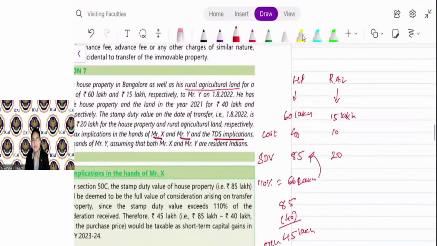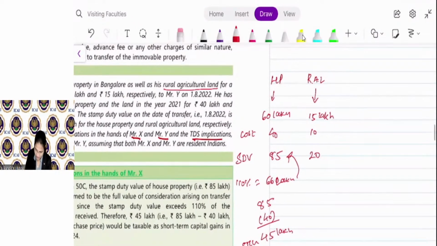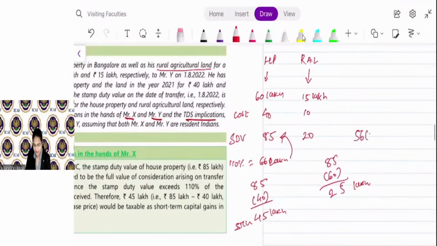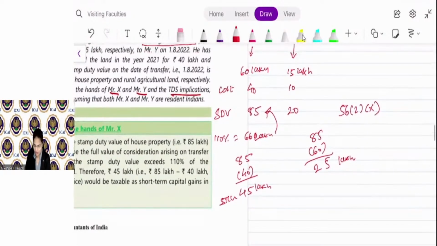Now in case of Mr. Y, he is purchasing a house property for a consideration less than stamp duty value. And the difference between consideration and stamp duty value comes to 25 lakh. So as per section 56(2)(x), you have to check whether this difference is higher than 50,000 or 10% of consideration.